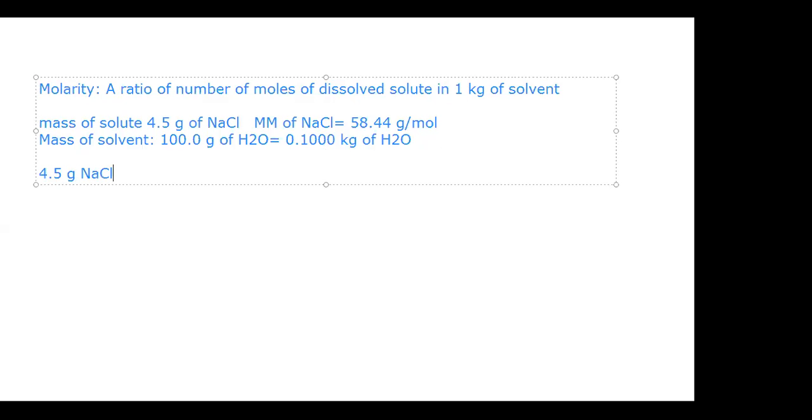Okay, so now we have to turn 4.5 grams NaCl into moles. We're going to multiply that times 1 mole NaCl per every 58.44 grams of NaCl.